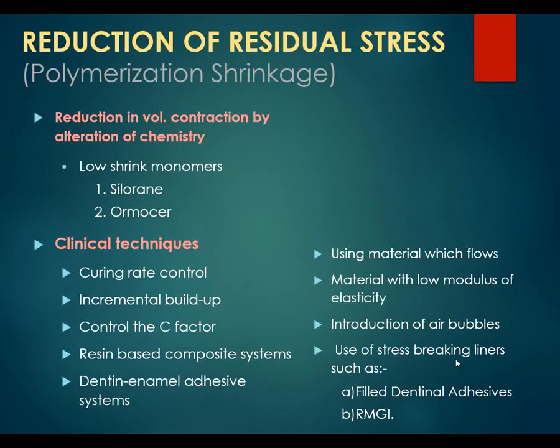By manufacturer, if we look by manufacture, the reduction in volumetric contraction by alteration of chemistry of the resin, we can use those monomers which have less polymerization shrinkage, like Siloranes or Ormocer. And there are certain clinical techniques.